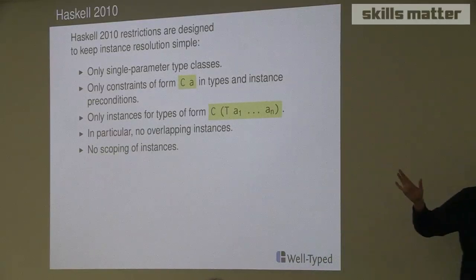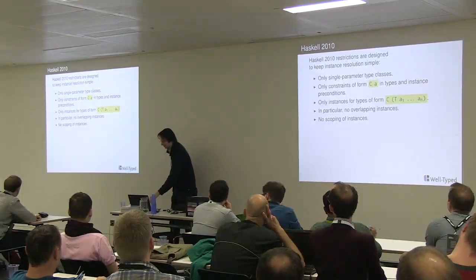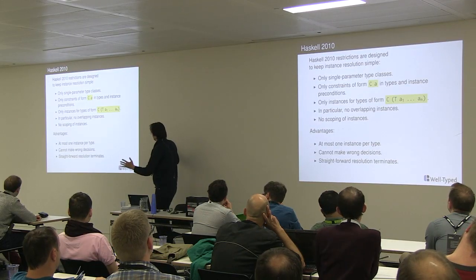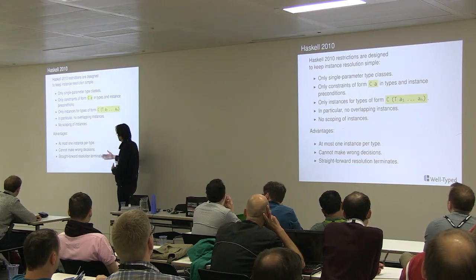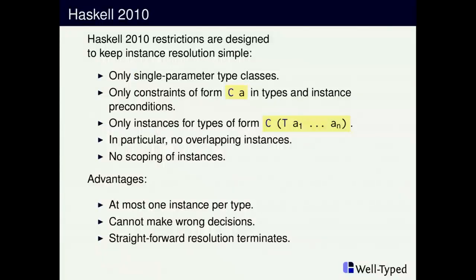Instances always escape everywhere. And this is all in order to guarantee a number of interesting properties that are very convenient to have. So at most one instance per type, right? There are multiple ways to construct different dictionaries for a single type. You cannot make any wrong decisions. If there is a class that seems to help for the dictionary you want to construct, you can always blindly apply it.